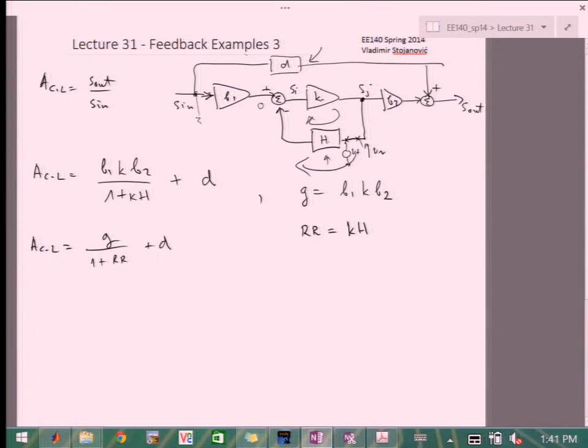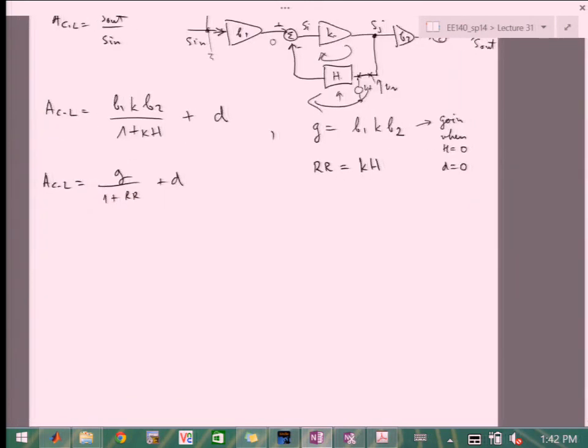G is the gain when H equals 0 and when D equals 0. So when there is no feedback and the feed-forward path is also eliminated, that's the physical meaning of G. Now we can do a little bit of massaging similar to a few lectures ago.